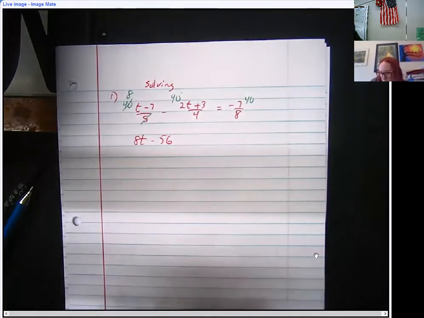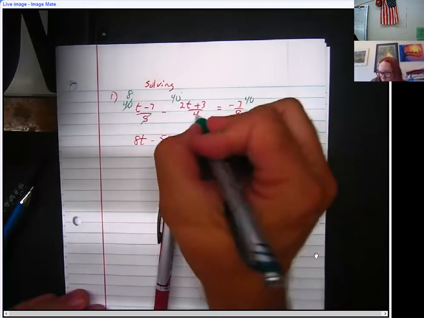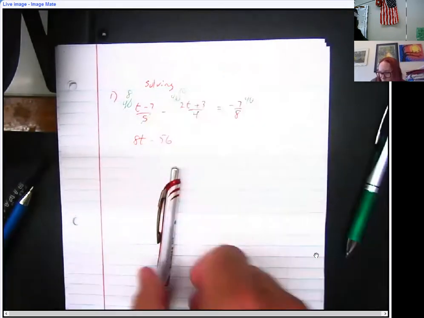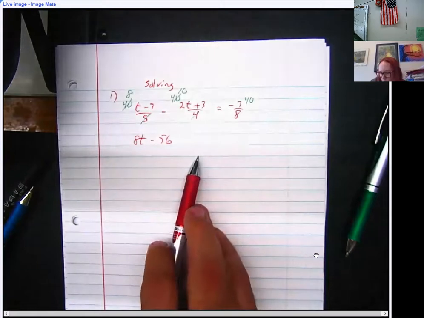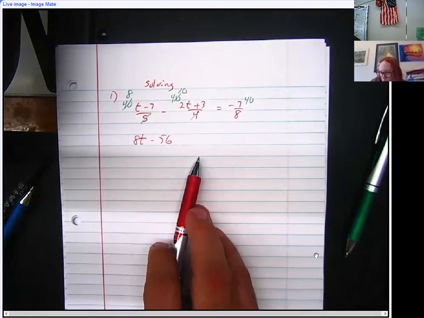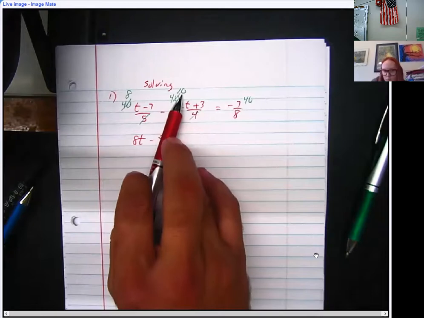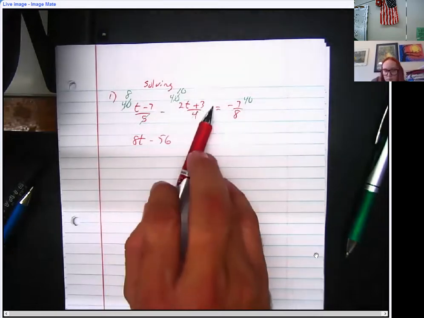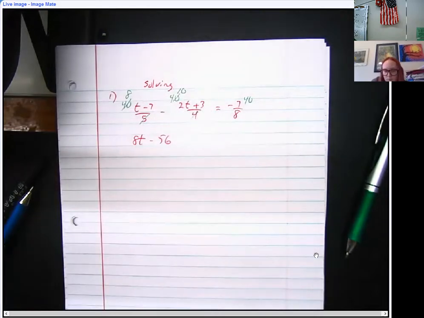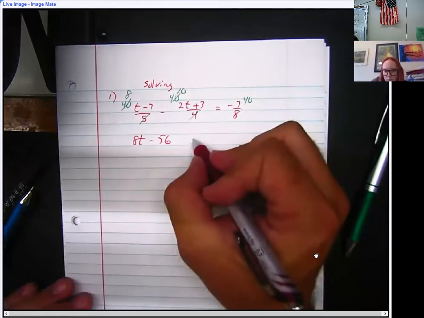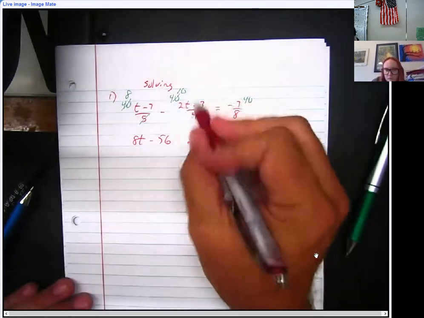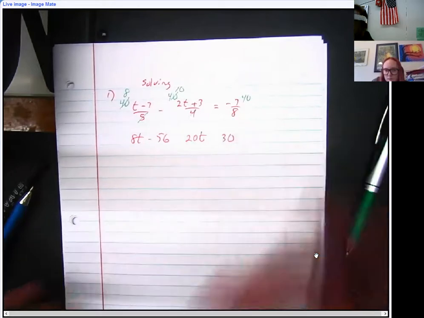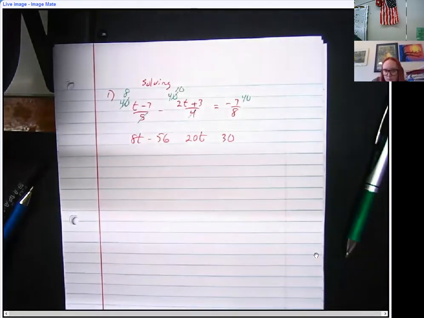But the next piece is the reason I asked the question. What is the next chunk? What happens when I distribute this 10? I definitely have a 20t, and I definitely have a 30, but what kind?